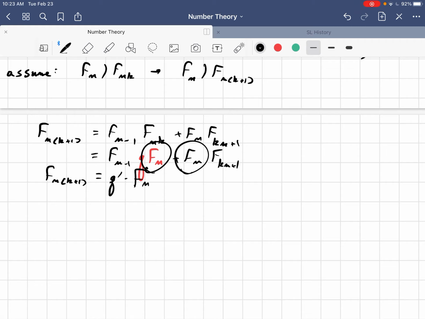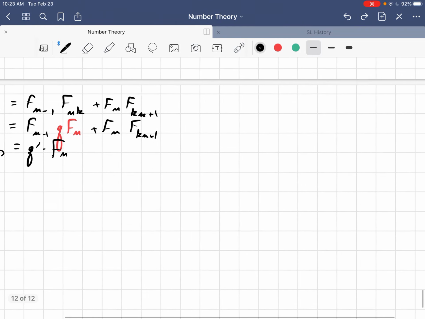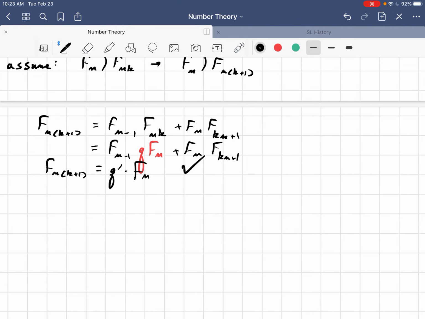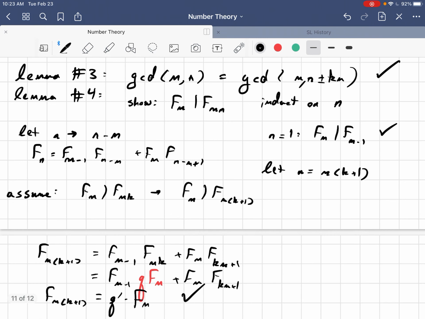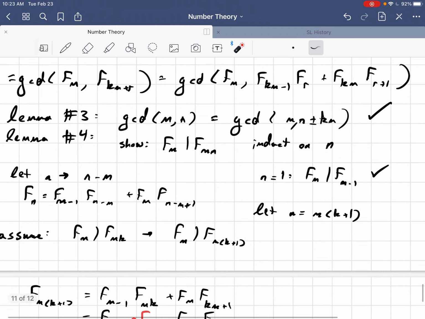Because this part has a factor of f sub m and this part has a factor of f sub m. And so therefore, f sub m times k plus 1 is divisible by f sub m. And so therefore, we have shown that f sub m divides f sub mn by induction, right? We've shown this right here.